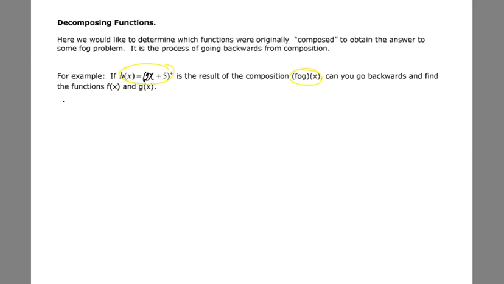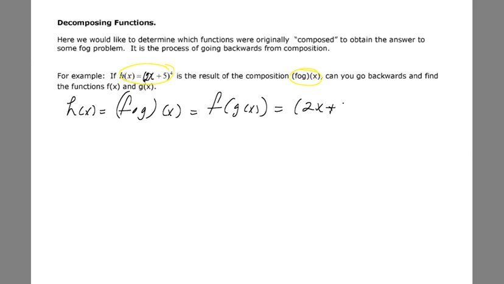I think it'd probably be best written this way. H of x is equal to the result of f circle g at x, which is by definition f of g of x, which they're telling me is 2x plus 5 raised to the 4th power. Let's think of it that way.